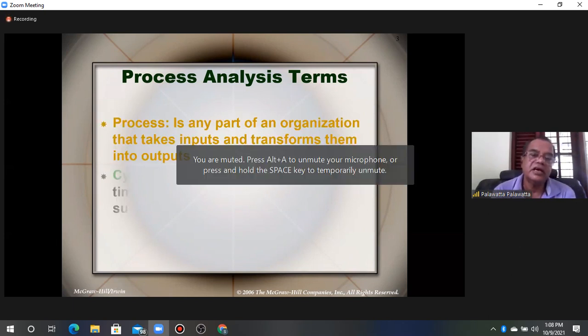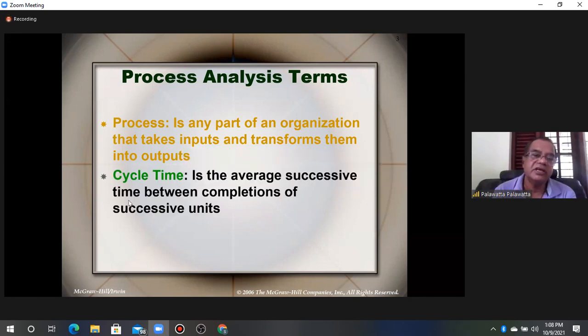And then cycle time is the average successive time between completions of successive units.